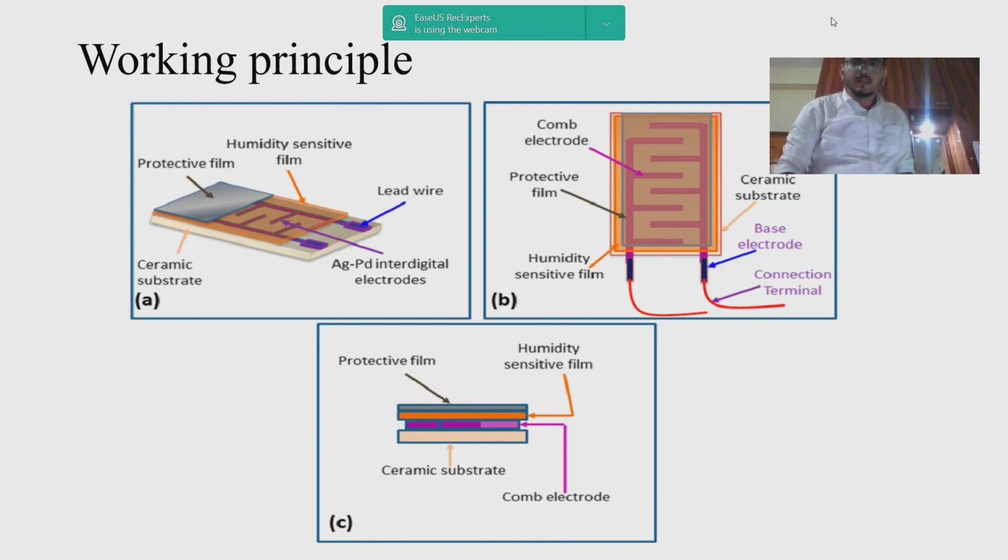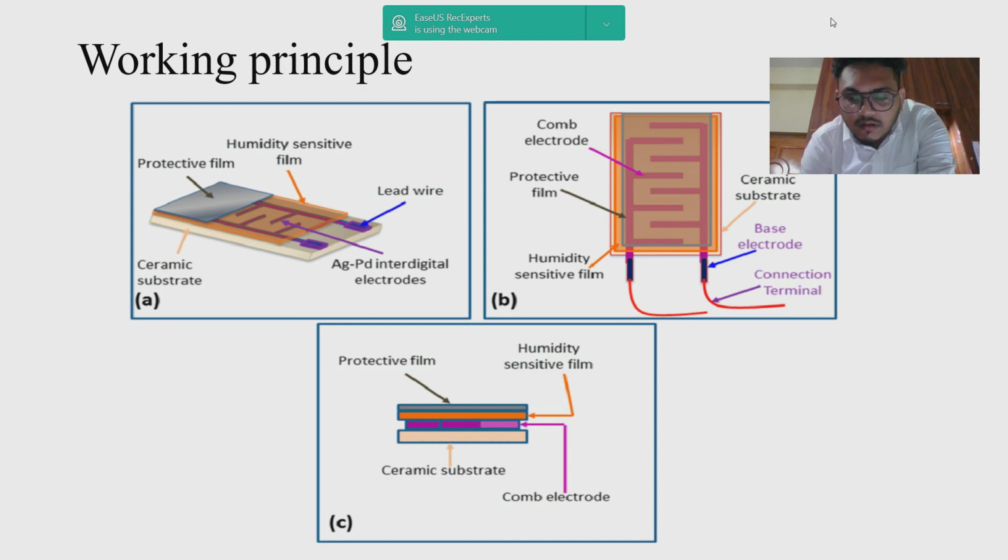Now let's see the next type, that is the resistive humidity sensor, which employs hygroscopic material with an electric resistance that varies with moisture absorption. This sensing material is often a film or substrate that changes its resistance as it absorbs or releases water vapor. By measuring this resistance, the sensor can determine the humidity level. Resistive humidity sensors are known for their simplicity and cost effectiveness.